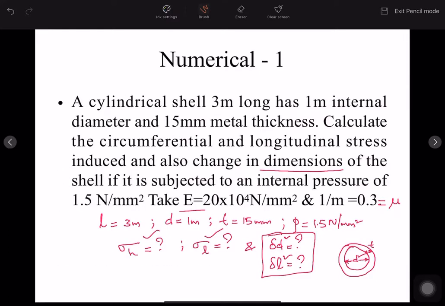Is there anything else we need to find out in this problem? Calculate the circumferential and longitudinal stress induced, and also the change in dimensions of the shell. We have done this, and we have done the change in dimensions as well.